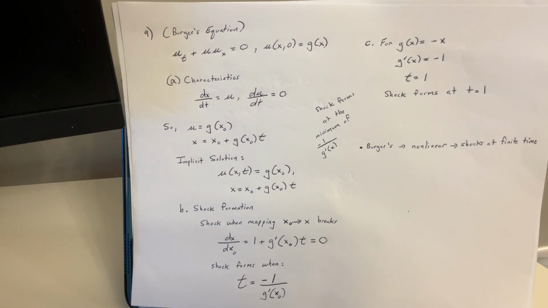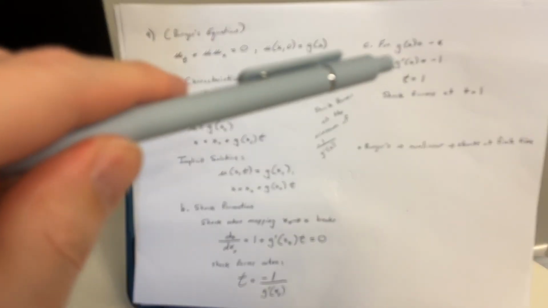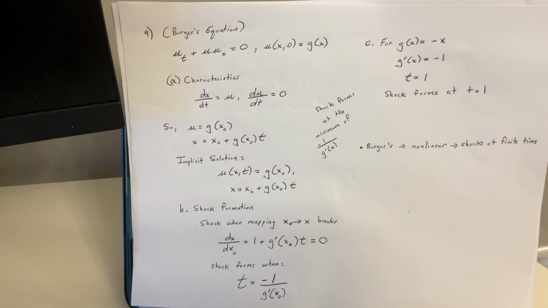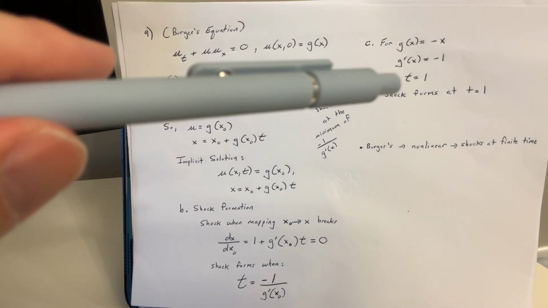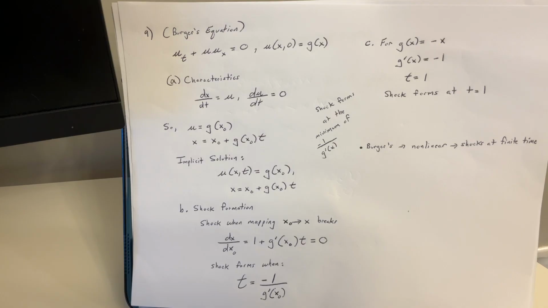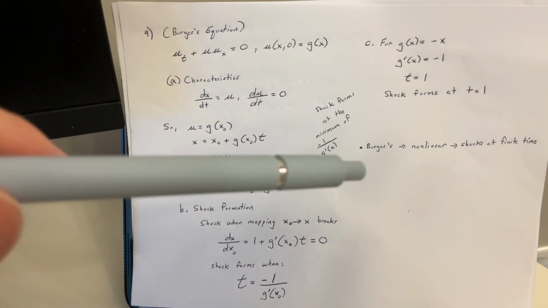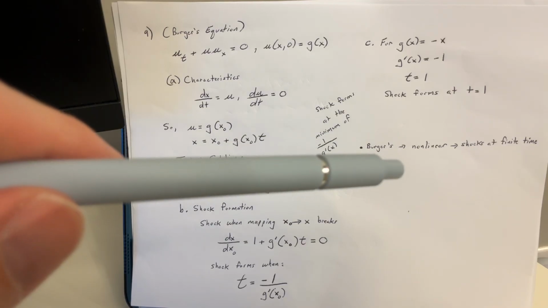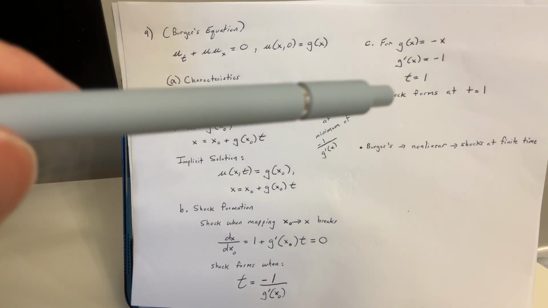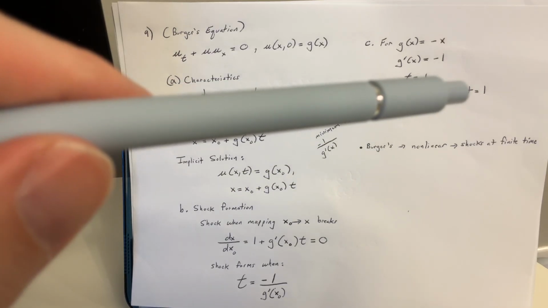And now for part C, it's not too bad. g of x is equal to negative x, so g prime of x is equal to negative 1. And then t equals 1. So in Burgers' equation, we have the shock forming at t equals 1.